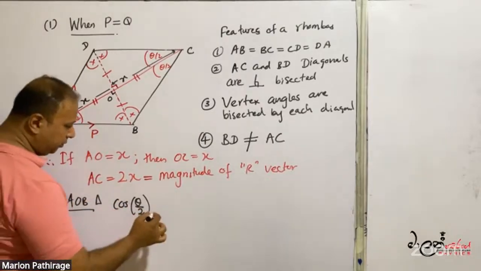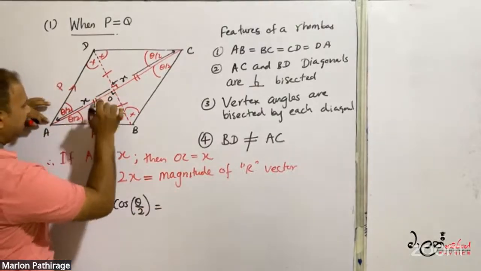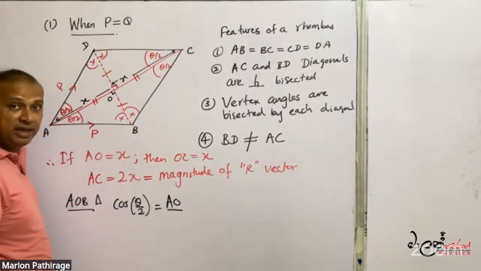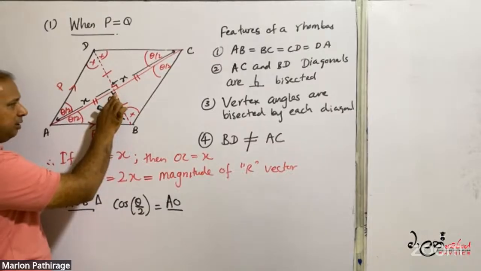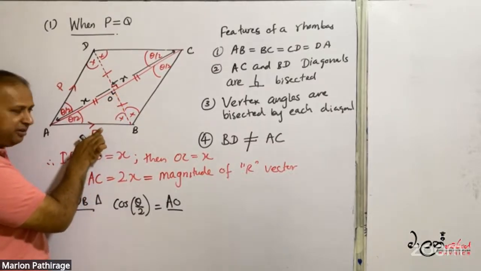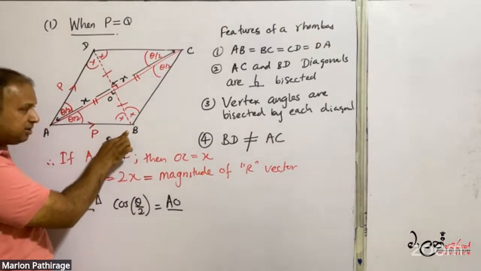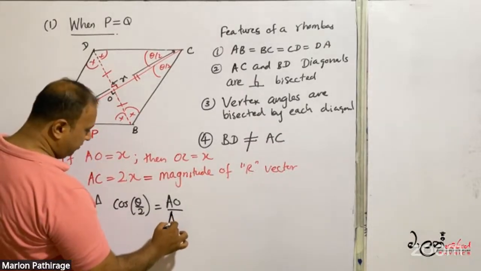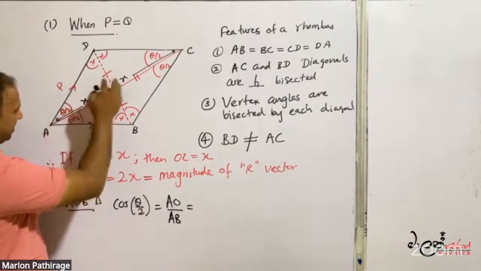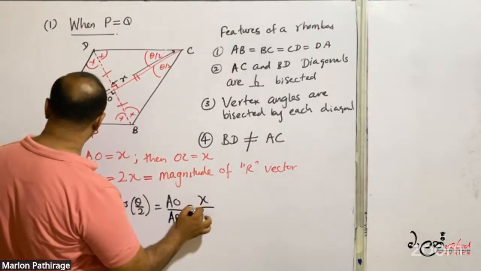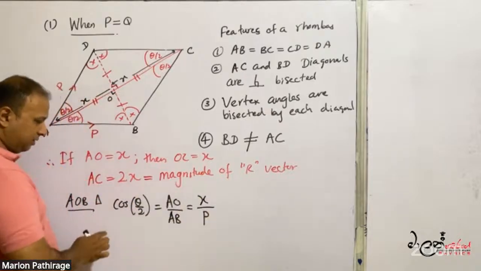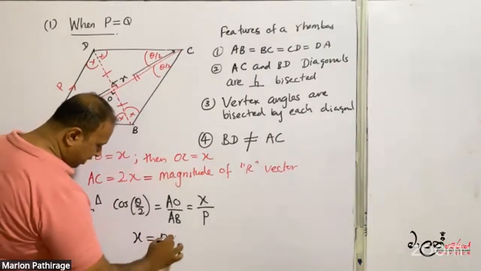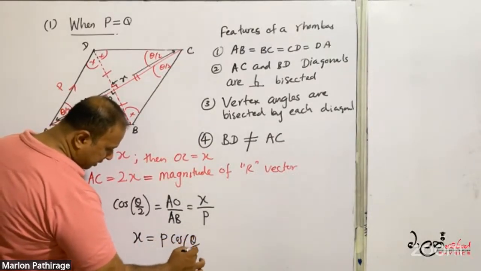Cos value of theta over 2 angle is equal to adjacent side AO divided by hypotenuse AB. This is a 90-degree angle, therefore the opposite side to the 90-degree angle, AB, is the hypotenuse, and AO is the adjacent side. AO means x, AB means P. Therefore, x is equal to P cos theta over 2.